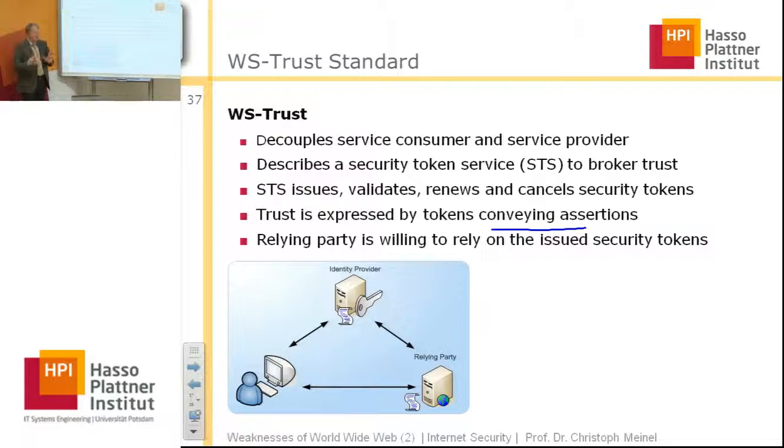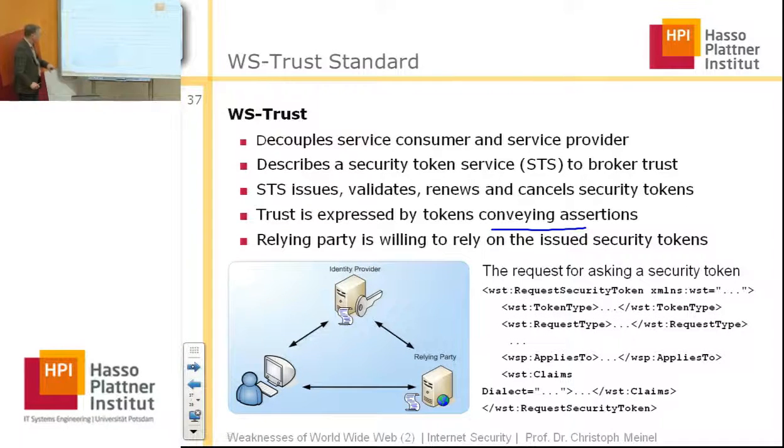So with this web service trust standard, the user and the provider are brought into a trust relation by means of a third party. For example, an identity provider is used as a third party to establish the trust relation between the user and the deliverer of some web service.